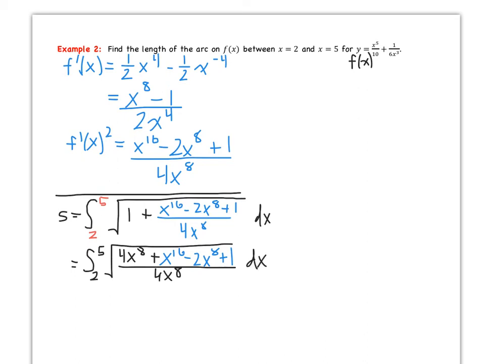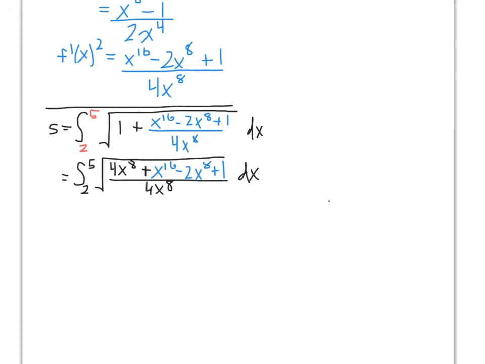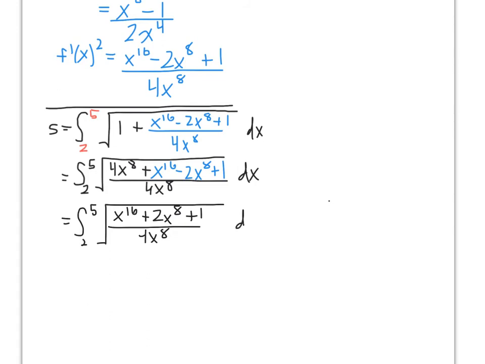Okay. And if we clean that up even further, we are looking at the integral from 2 to 5. Combining those like terms, we will have x to the 16th plus 2x to the 8th plus 1 over 4x to the 8th dx.